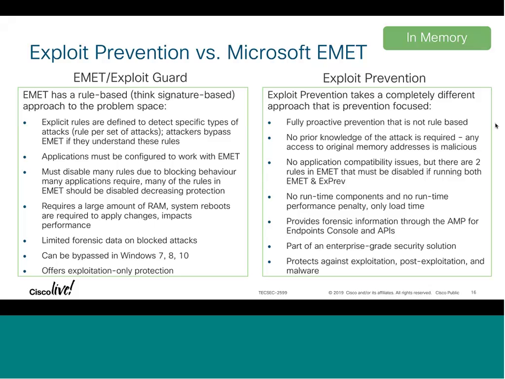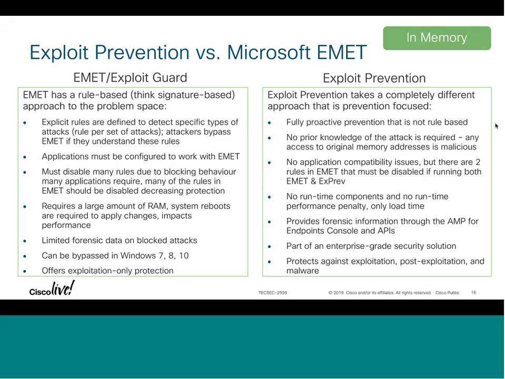And what those rules are doing, like in the case of Export Address Table Filtering, they're actually looking for the shellcode that is trying to get those addresses of those modules. So if the attacker is smart enough, and if they know that the rule is looking for something specific, they can actually find a way to bypass that rule.